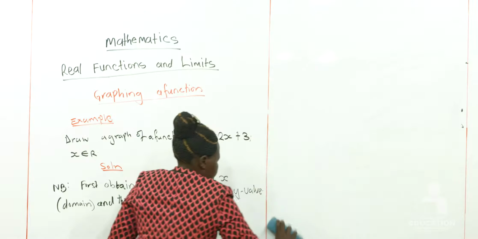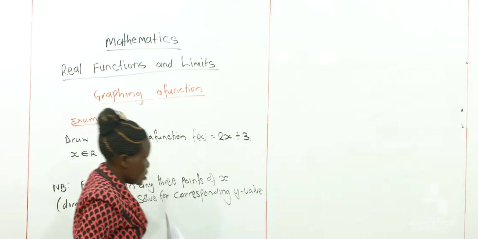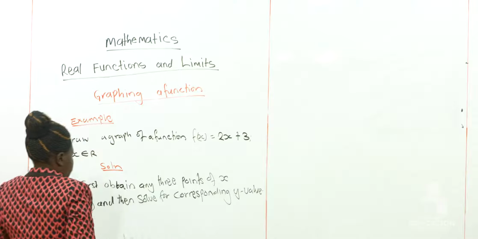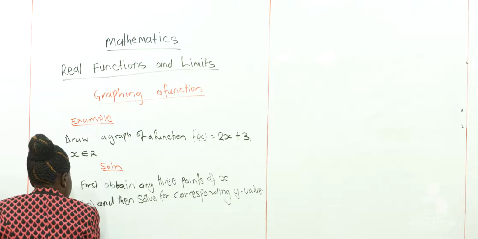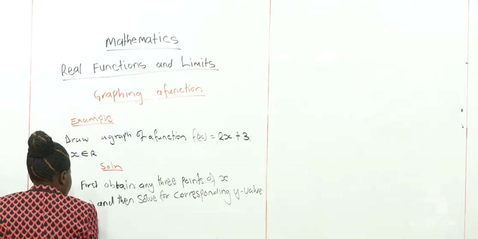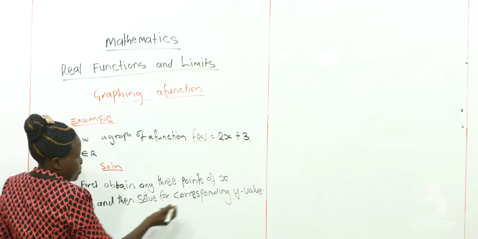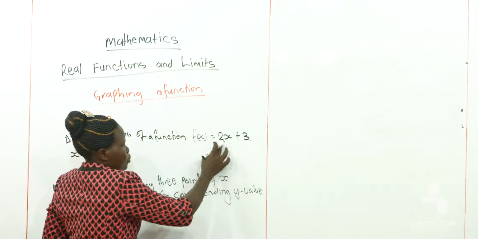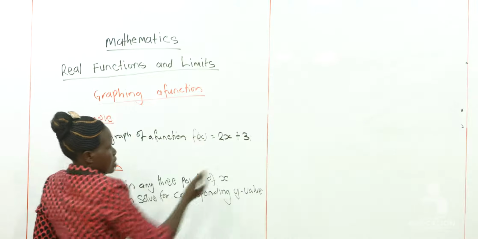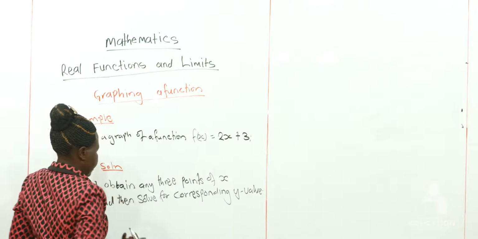For me to get the values of the x-axis, I will look at my question given here. It is 2x plus 3, where 3 is a constant.